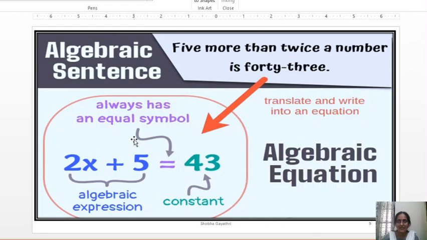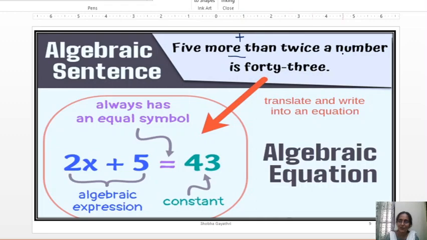It is a very interesting and crucial part of the simple equations chapter to write equations for word statements. Now your word statement is: 5 more than twice a number is 43. You should be able to translate this word statement into an algebraic equation. 5 more than means plus, it is increasing, right?